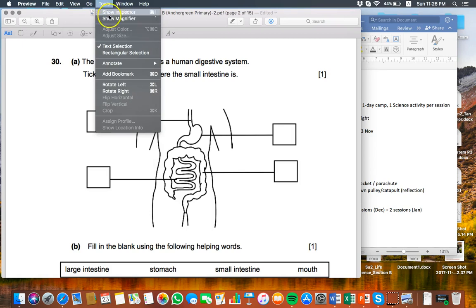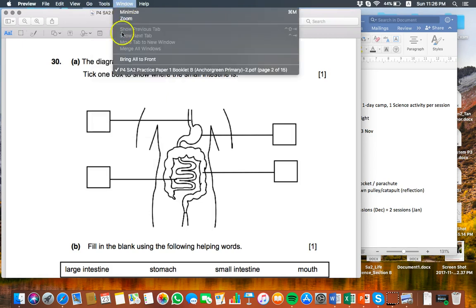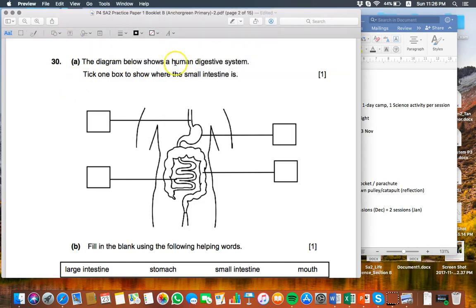Text selection, rectangular selection. Oh well. Just highlight this human digestive system. Tick one box to show where the small intestine is. Highlight the word small intestine. So this would be the small intestine. Alright, this is the small intestine.